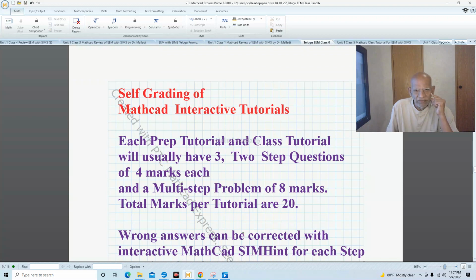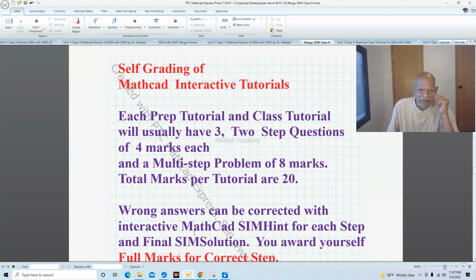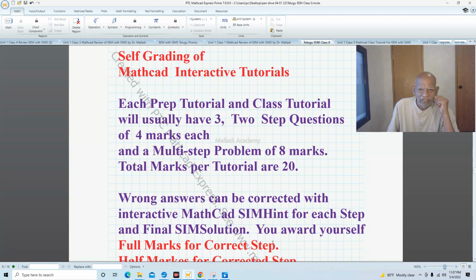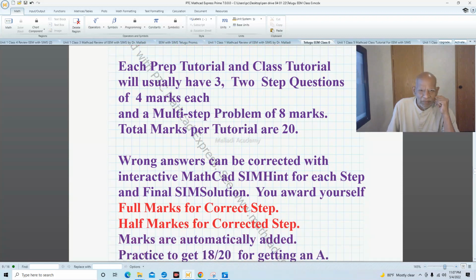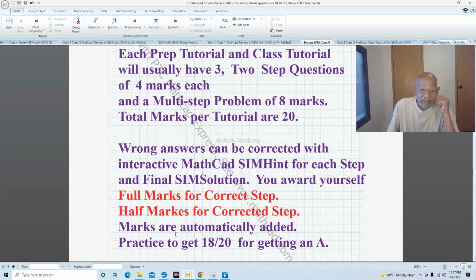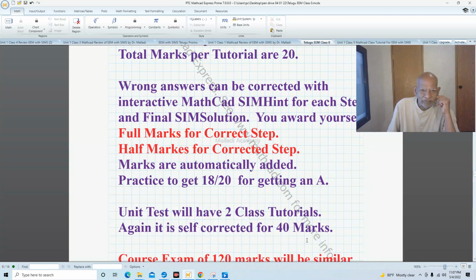Wrong answers can be corrected with an interactive MathCAD sim hint for each step and the final sim solution. You award yourself full marks for a correct step, half marks for a corrected step. Marks are automatically added. Practice to get 18 out of 20 for getting an A.